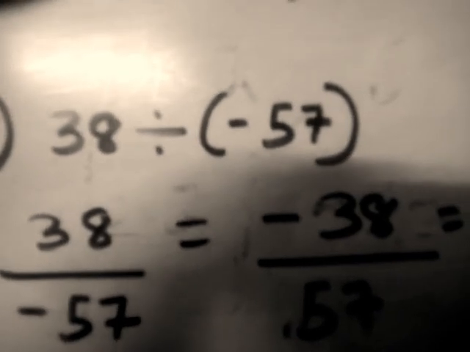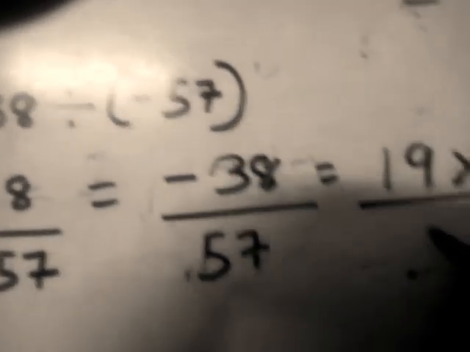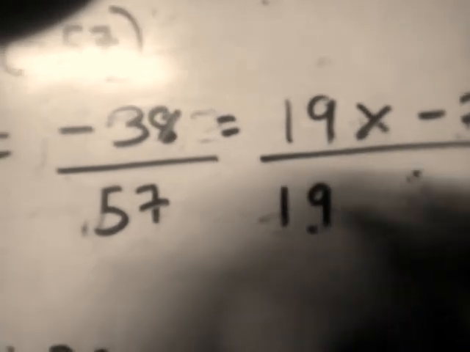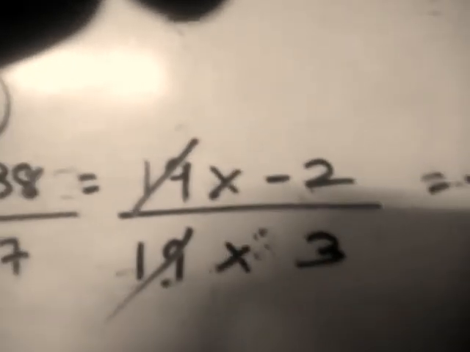So now you have to write in multiplication form. 19 into minus 2 upon 19 into 3. 19 gets cancelled. So your answer is minus 2 upon 3.